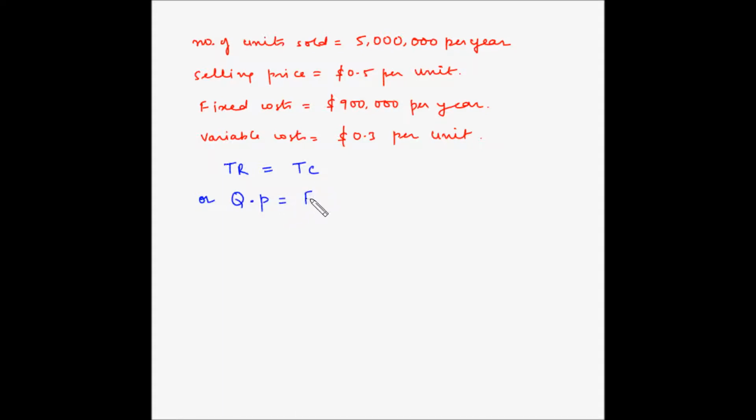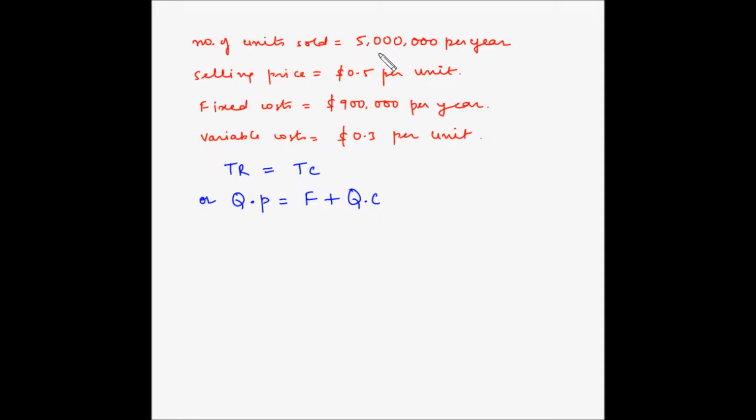Total cost is fixed cost plus the variable cost, which is the multiplication of quantity at break-even point and the unit variable cost. So in this case here, we have the number of units sold, but this is the number of units sold in the whole year.